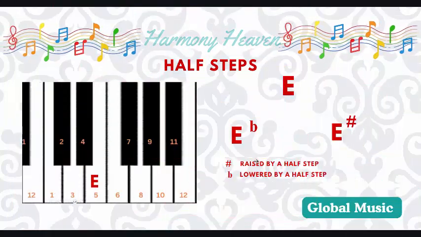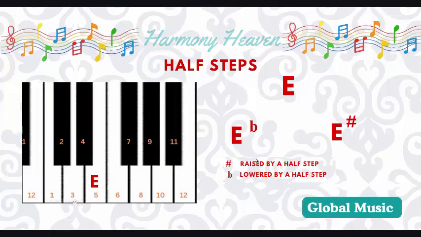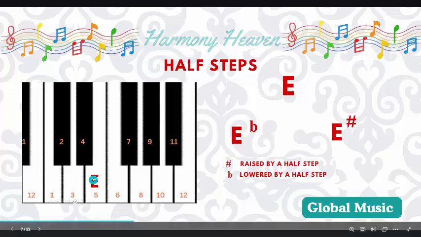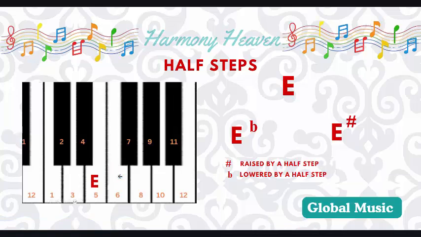Now let's take the example of E. E sharp would be E raised by a half step, and E flat would be lowered by a half step from E. So this means the second black.